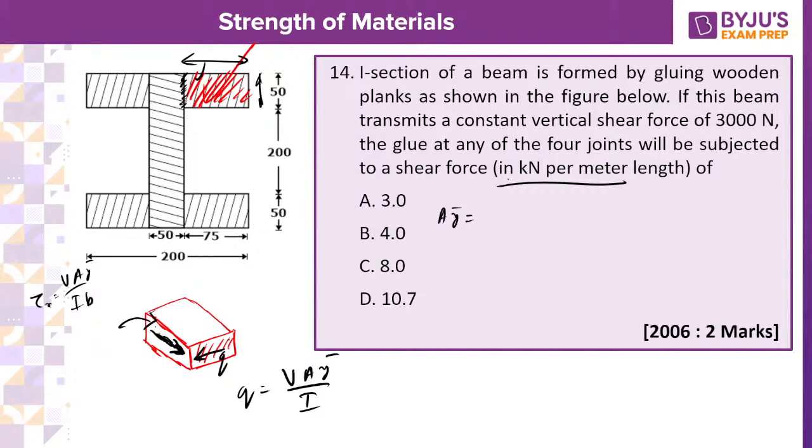So 75 into 50 is your area, into what is your y bar? What will be the distance from here to here? That is 100 plus 25, this is 125. Ay bar, correct?